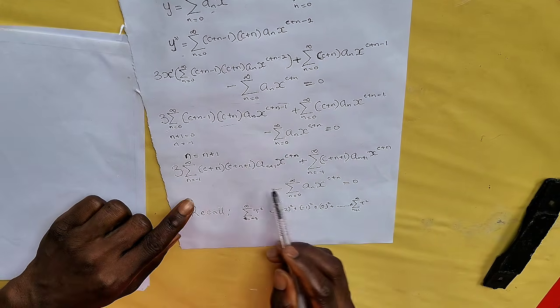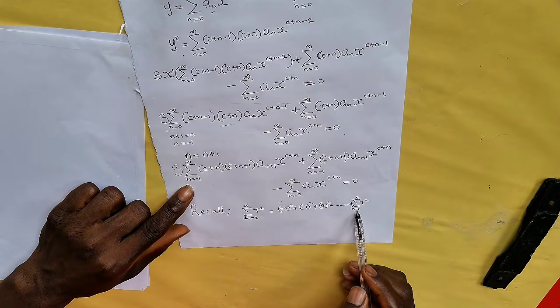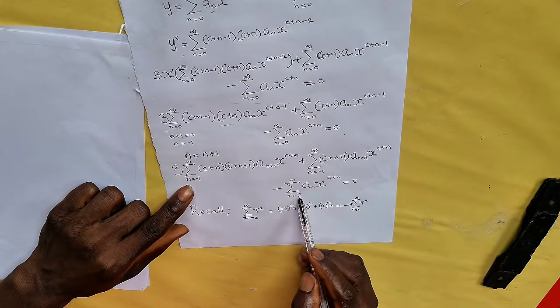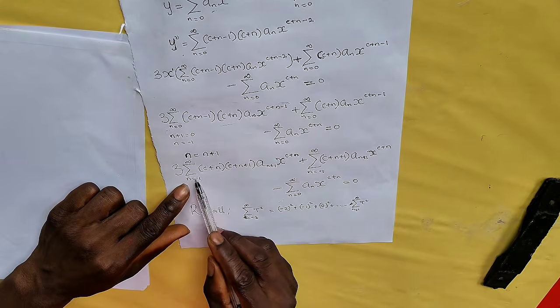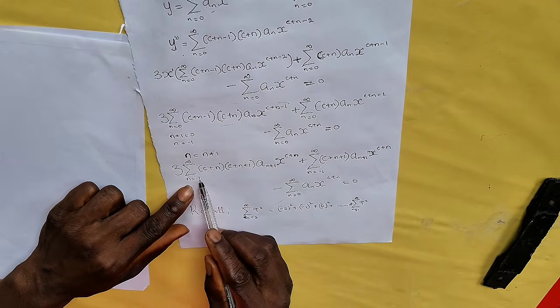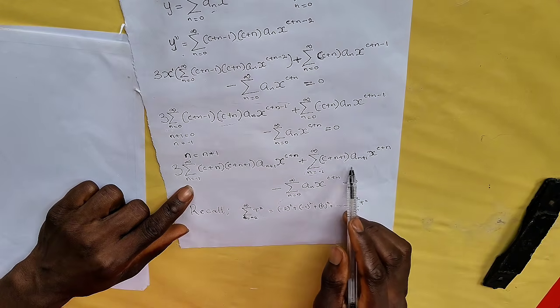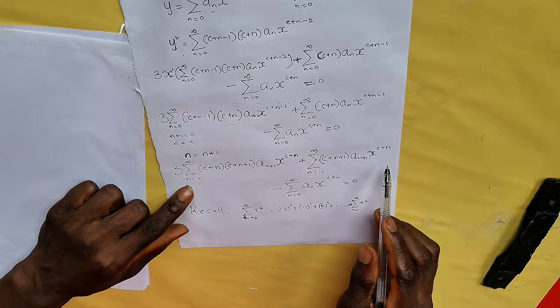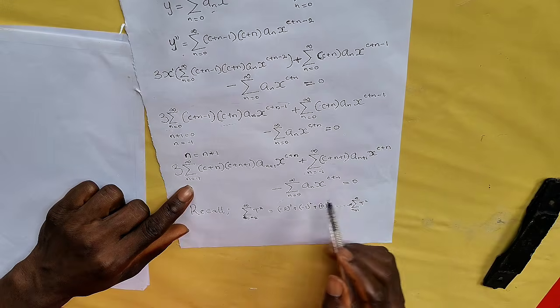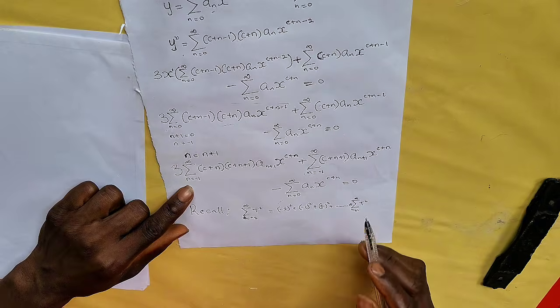We want to make it in form of n equals to 1 here, but we want to make it in form of n equals to 0 as in these ones. So I'm just going to replace n with minus 1 in this expression, and n with minus 1 in this other expression, right? So when I do that, I'm going to leave the rest in form of n equals to 0 to infinity.